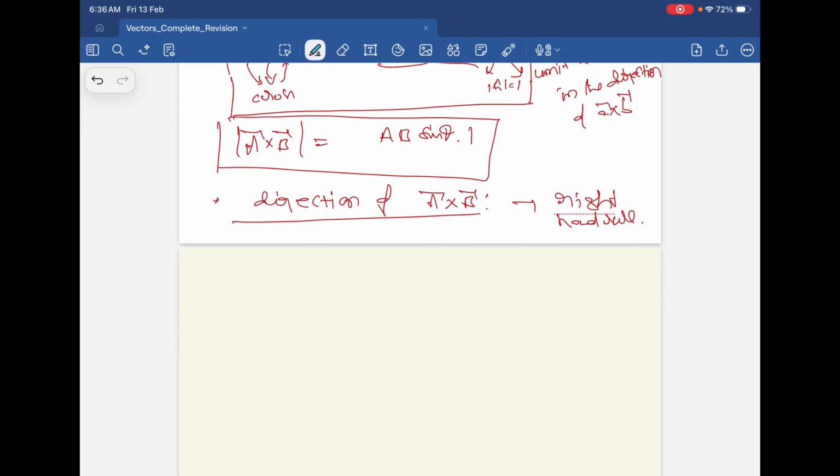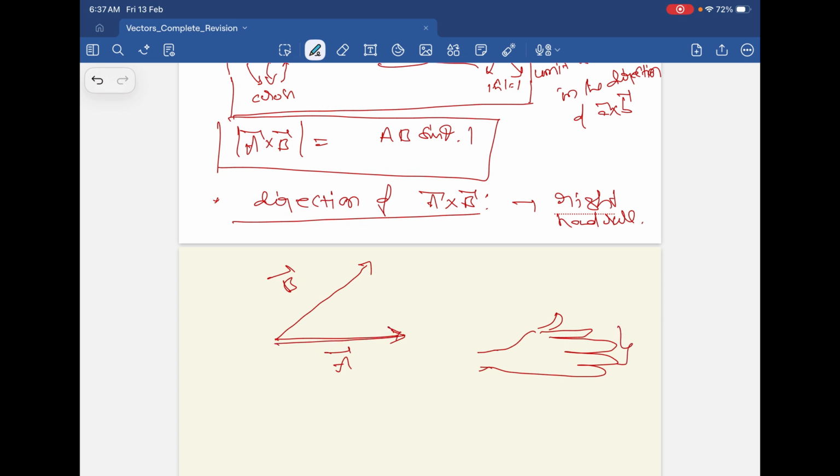I will explain here. Say for example, this is A bar, and this is B bar, with angle theta between them. Stretch the fingers in the direction of the first vector A bar.